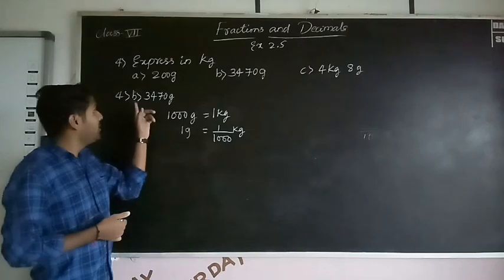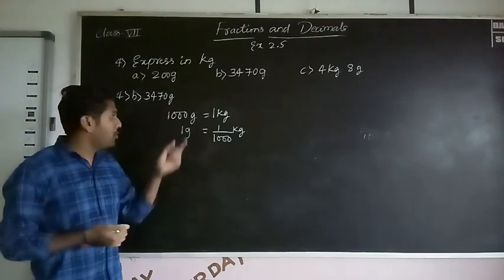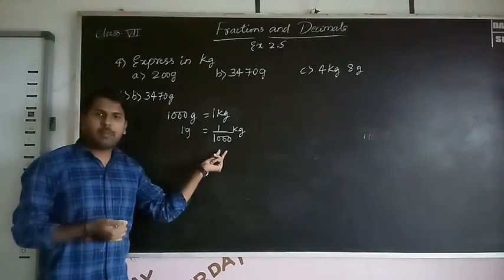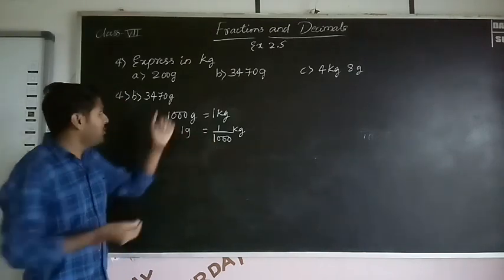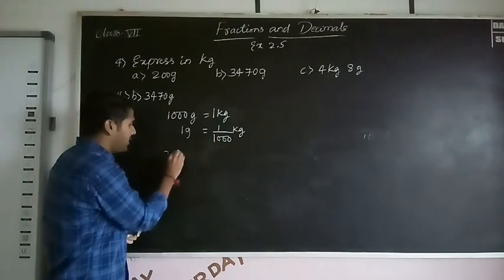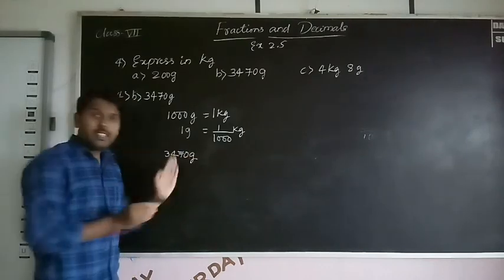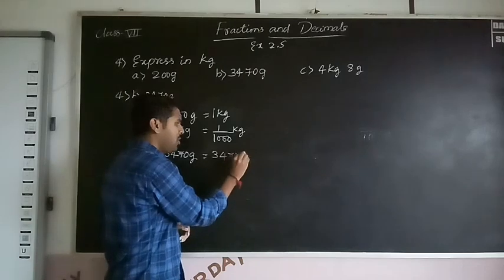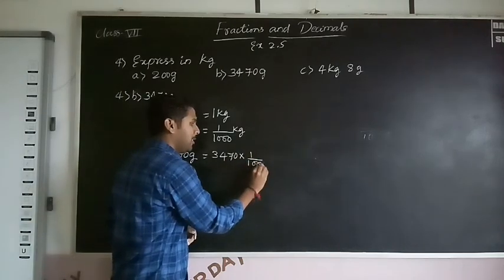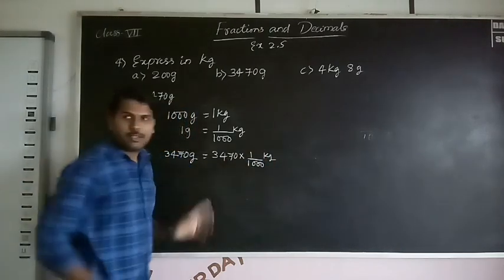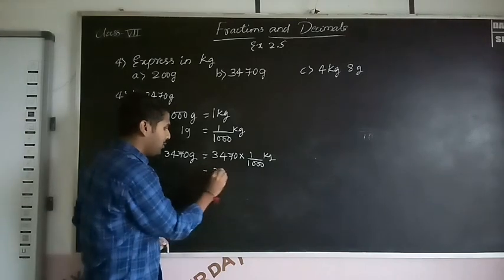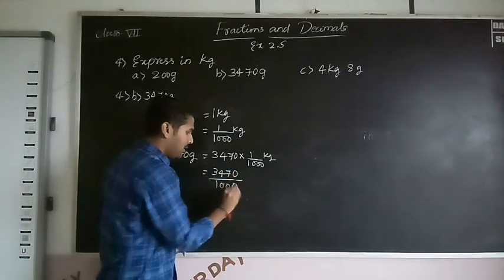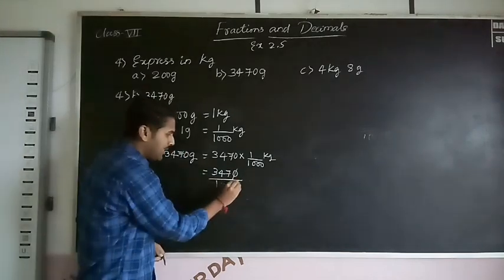So second one, 3470 gram. You already know that 1000 gram equals 1 kg and 1 gram equals 1 by 1000 kg. So for 3470 gram, just cross multiplication: 3470 into 1 by 1000 kg. So first cancel 0 0.